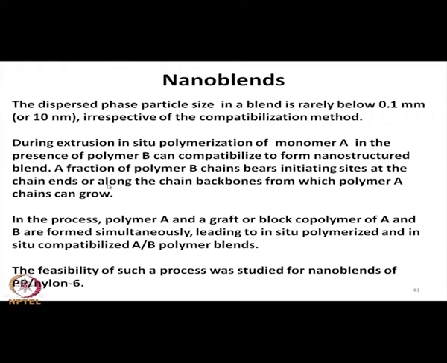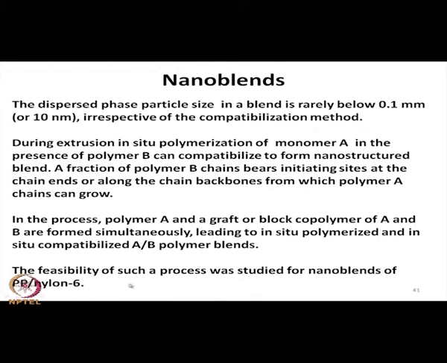Basically, it is a kind of grafting reaction of one monomer onto the backbone of the main polymer during the extrusion process, because the free radicals required to create a grafting site are created by high shear mixing during extrusion, and this grafting reaction occurs. In the process, polymer A and a graft or block copolymer of A and B are formed simultaneously, leading to in situ polymerized and in situ compatibilized AB polymer blends.